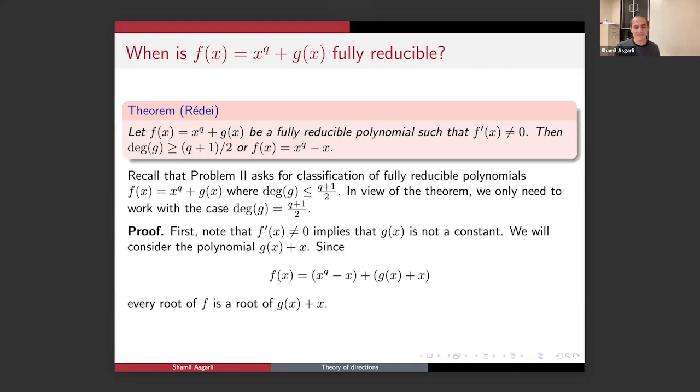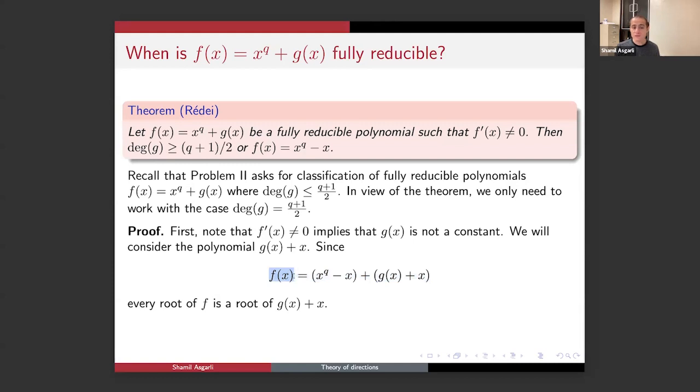We note that f of x can be written in the following way: x to the q minus x plus g of x plus x. Now, from this equality, we can deduce that every root of f is a root of g of x plus x. Now, why is that?